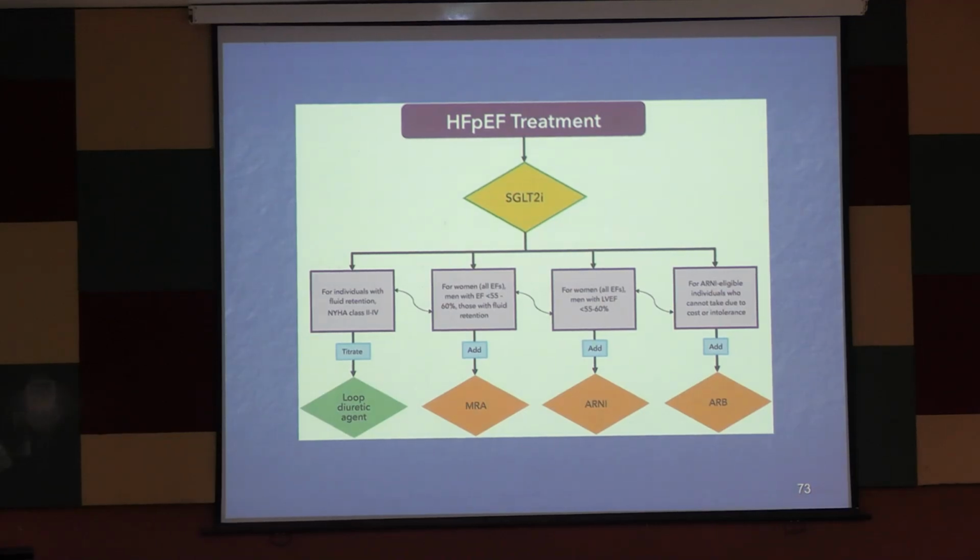Initiate with SGLT2 inhibitors, then go for assessment of fluid retention in NYHA functional class 2 to 4. Fluid retention means titration of doses of SGLT2 inhibitors and supplementation with diuretic therapy.